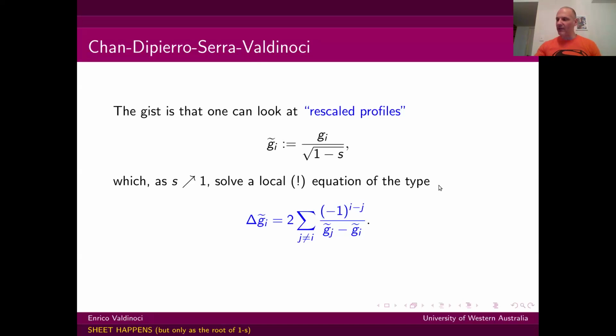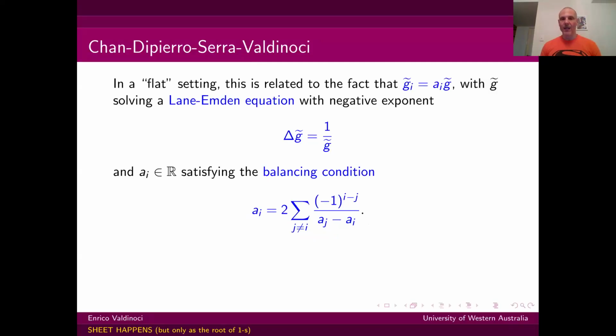And so the denominator is actually bounded from below and provides no problem. And so in particular for the flat set, this gives a balancing condition describing the height of these surfaces.